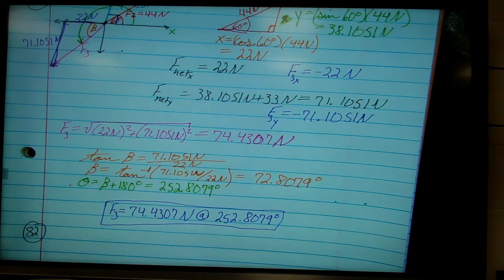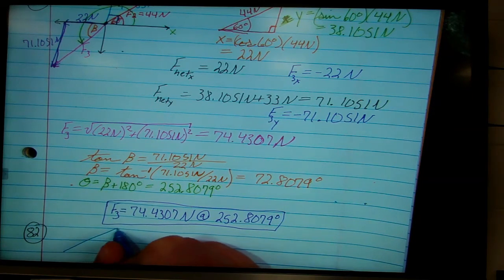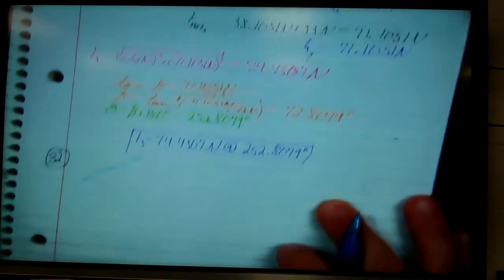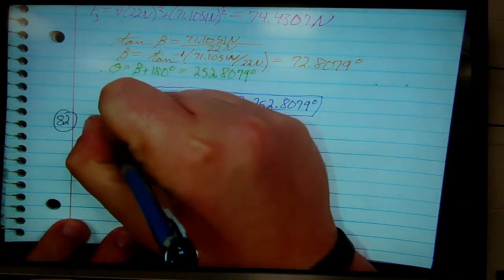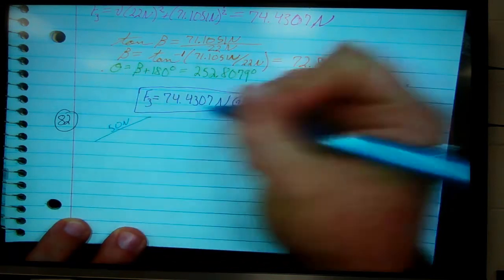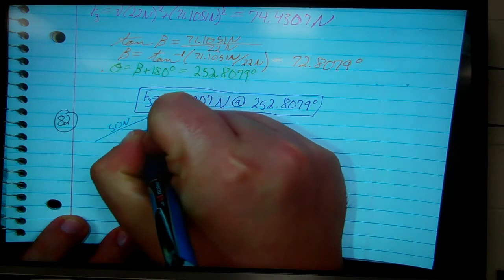Okay, so in this case, this is what I want to do. I want to focus on breaking down force 5. There's force 5 at 50 newtons, at 60 degrees.